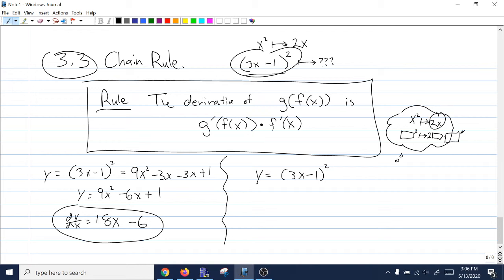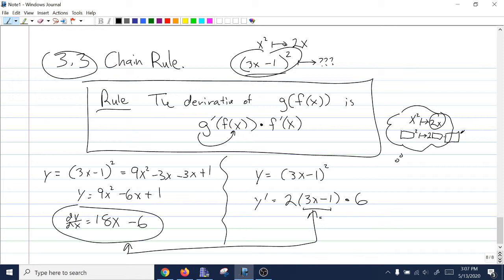The derivative of the outside function is doubling, so I need to double the inside function. Double 3x minus 1, and then multiply that by the derivative of the inside. Our inside is 3x minus 1, and the derivative of that is 6. I get 2 times (3x minus 1) times 6. If I multiply this out, it does turn out to be 18x minus 6.